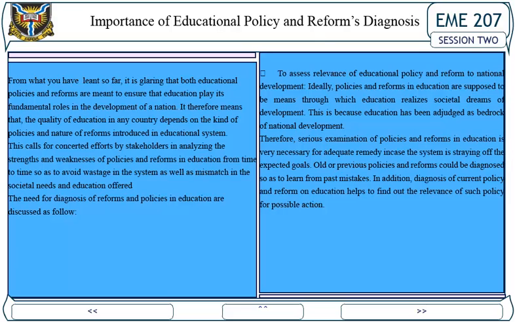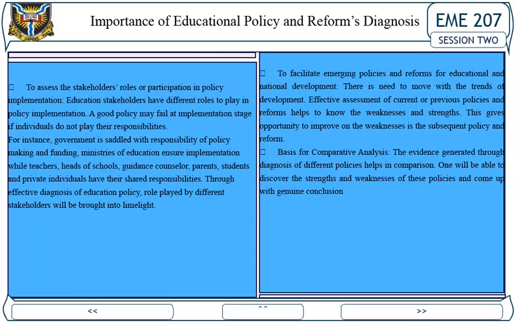Therefore, serious examination of policies and reforms in education is very necessary for adequate remedy in case the system is straying off the expected goals. All the previous policies and reforms could be diagnosed so as to learn from past mistakes. In addition, diagnosis of current policy and reform on education helps to find out the relevance of such policy for possible action.